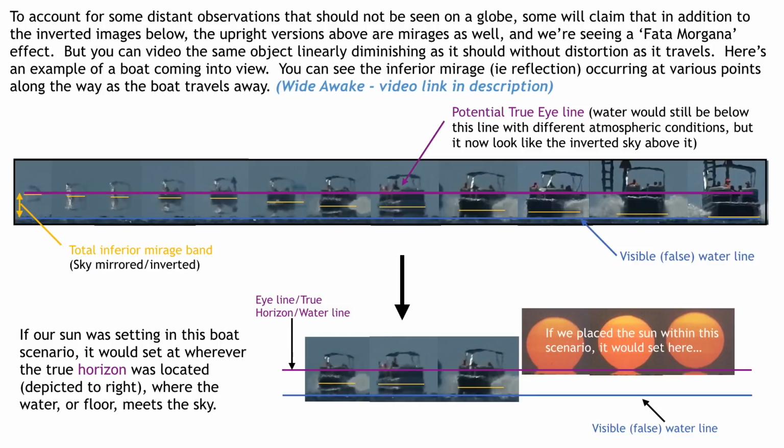So you can time-lapse these and take the points of where the inversion starts, and your actual true horizon line is higher up and further away. And then you'll see this visible false water line where the water starts to become indistinguishable and those shallow angles start hitting your eye. You'll have this visible false water line form.